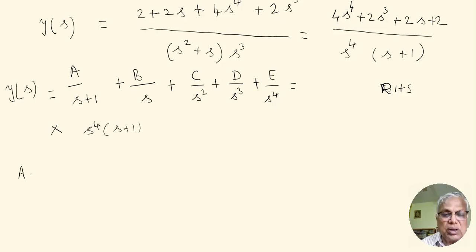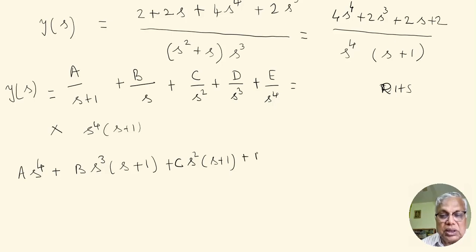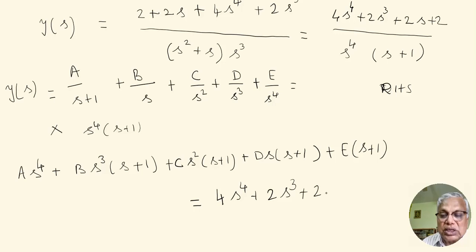A into s power 4 plus B into s cube into s plus 1 plus C into s square into s plus 1 plus D into s plus 1 plus E into s plus 1 equal to this: 4s power 4 plus 2s cube plus 2s plus 2.